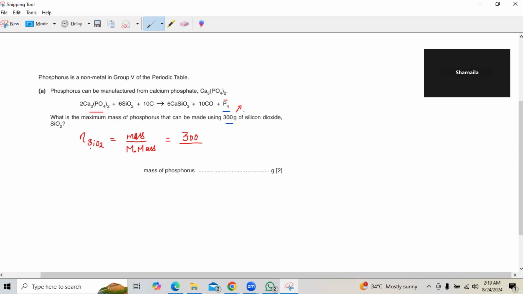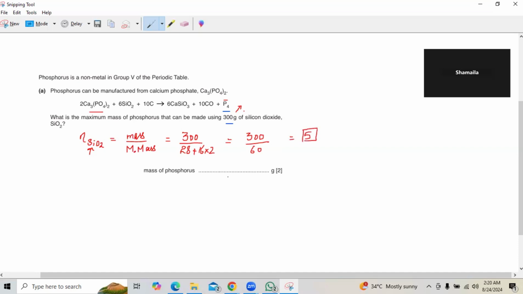Only I'm asking about silicon, it's 28, and then for oxygen it's 16, so I'm going to multiply it with 2, so it would become 300 divided by 60, and that would become 5.